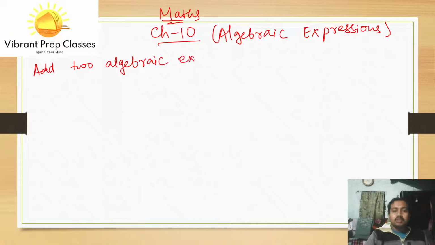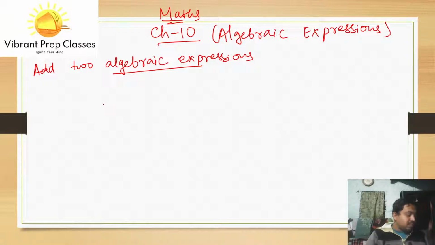Then what we have to do? Basically suppose I'm taking two algebraic expressions, two or more. Okay, first try with two only.